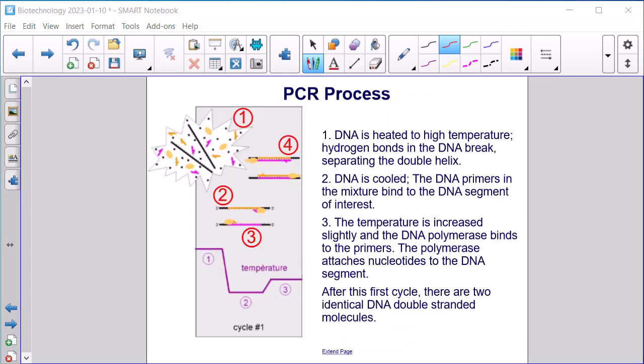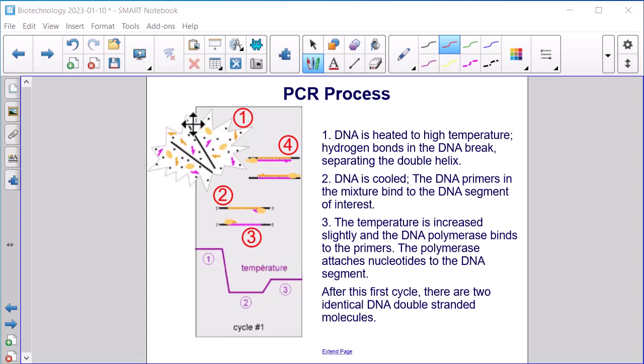Let's take a look at what one cycle of the PCR process looks like. First, DNA is heated to a high temperature, breaking the hydrogen bonds in the DNA, separating the double helix. So you can see in this little comic star looking thing, we have all kinds of things in our digest, right?